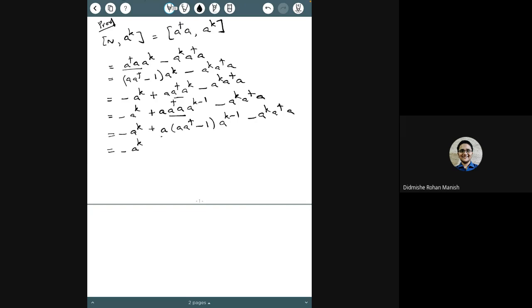So multiplying a minus 1 and a to the power k minus 1, I get another minus a to the power k. Then the remaining terms. So I get minus 2 a to the power k.